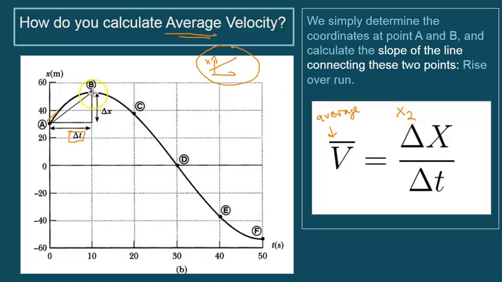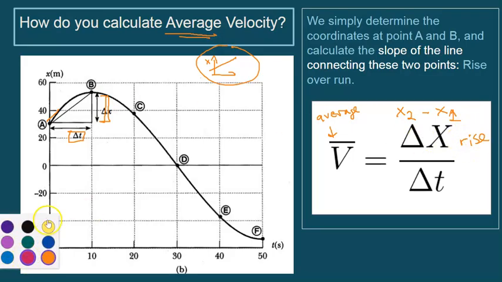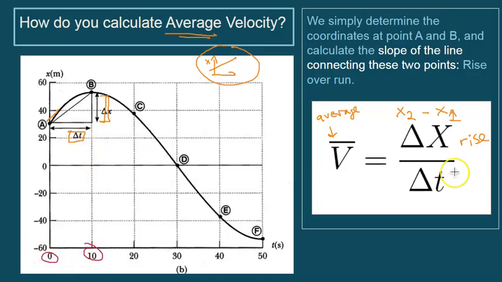It's going to be x at point B minus x at point A. That delta x here, which is the rise, over this time minus that time, delta t, which is the run. Okay, so the average velocity between 2 points is the slope, rise over run, of the line that connects point A to point B.